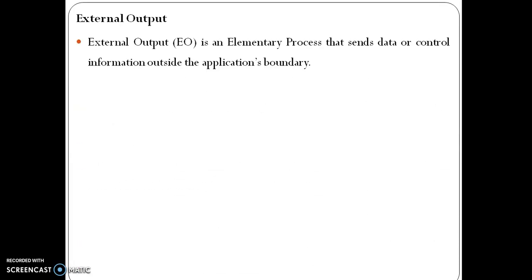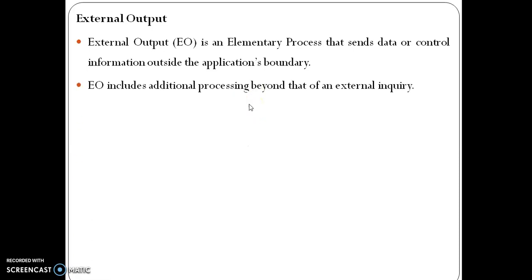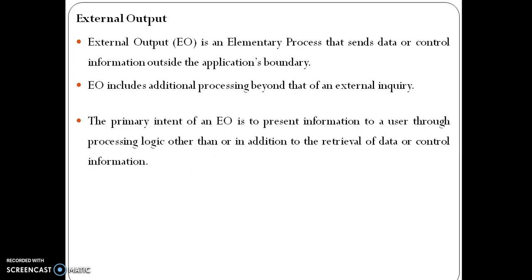External output. An external output, EO, is an elementary process that sends data or control information outside the application boundary. An EO includes additional processing beyond that of an external inquiry.